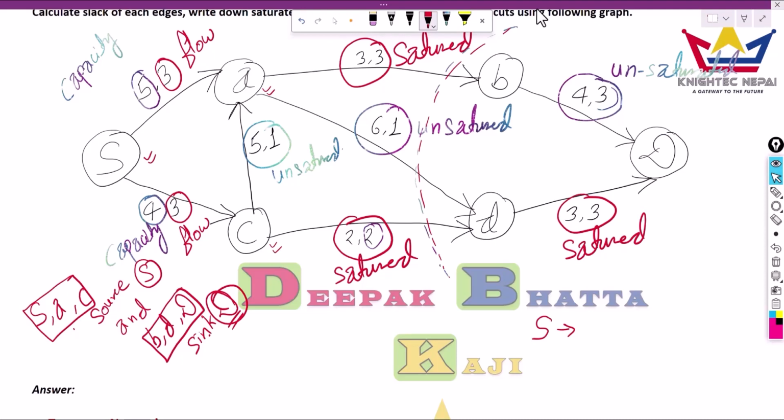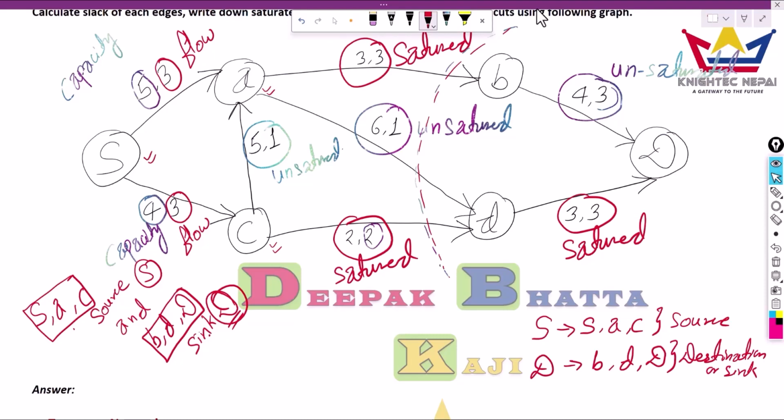So you need to write S, A and C as the source, and we have the destination or sink, that is B, D and D, right? This is a source and this is a destination or sink.